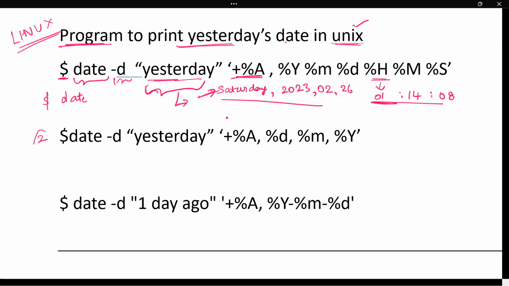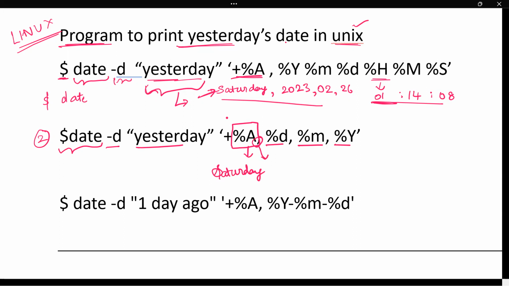Let's come to the second command, wherein we have dollar date hyphen d yesterday. I'm going to demonstrate what are all the forms that we can create. If we use percentage, it will give our date. Yesterday it was Saturday, so it will print Saturday, comma.